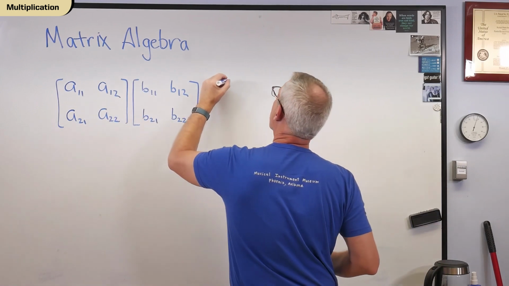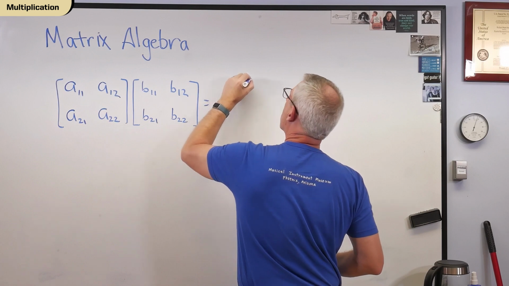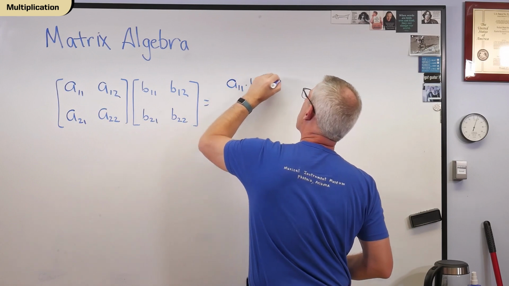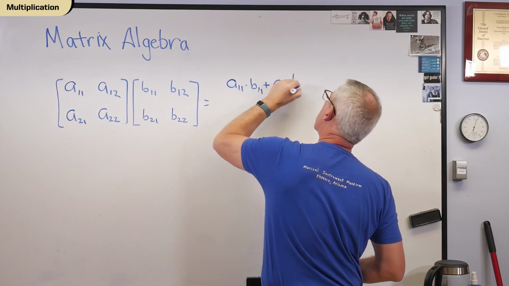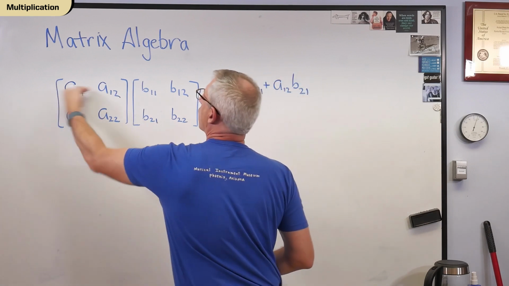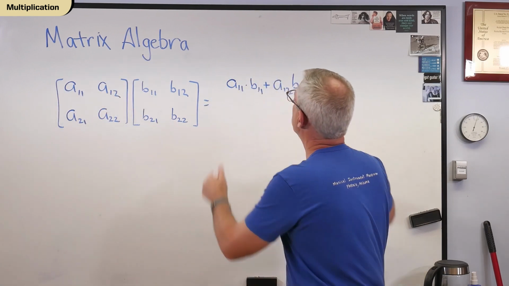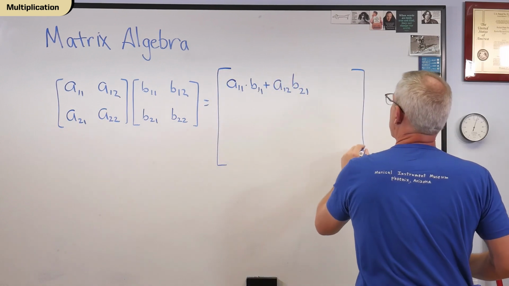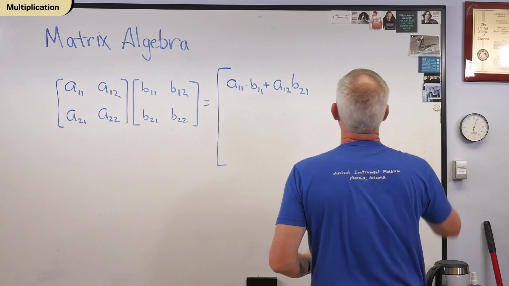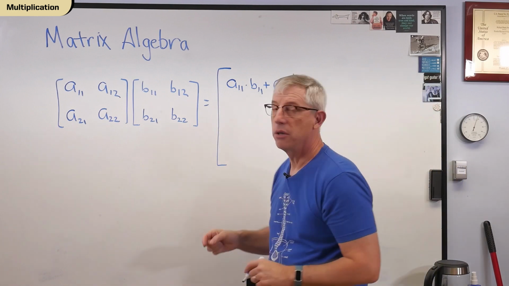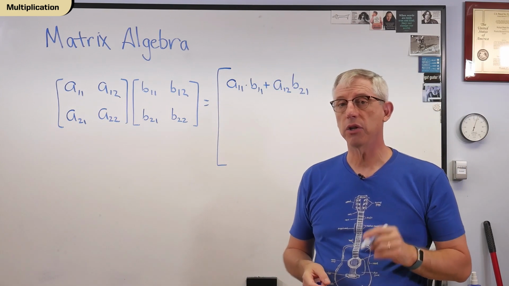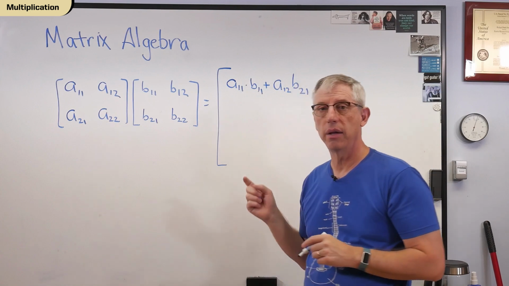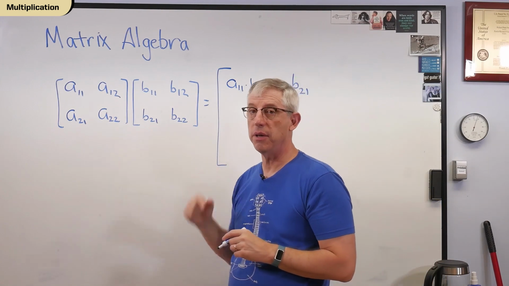I'm going to write this out. All right, first row, first column. This will be the first row, first column of this matrix. I'll write that in later. So the size of the matrix you get out the other end is not necessarily the size of either one of those.